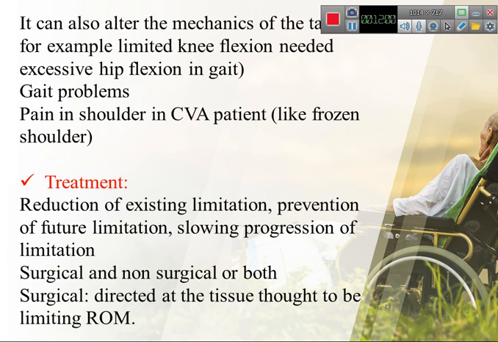It also has some other effects. It can alter the mechanics. For example, limited knee flexion needs excessive hip flexion in gait. It can cause some disturbance in gait, and it can lead to gait problems.